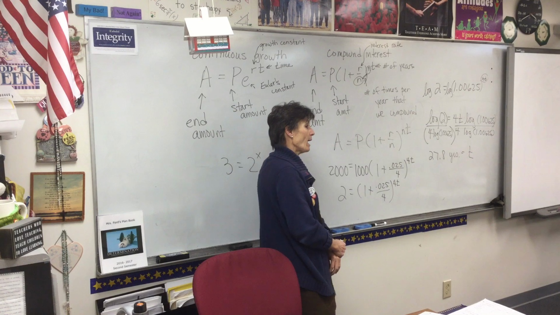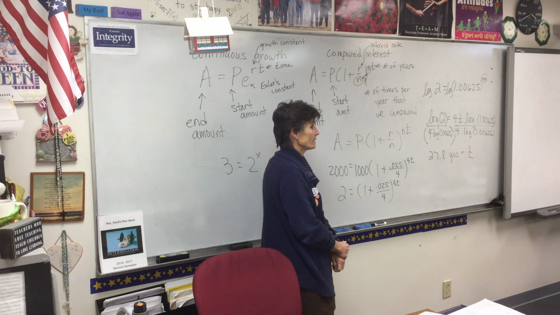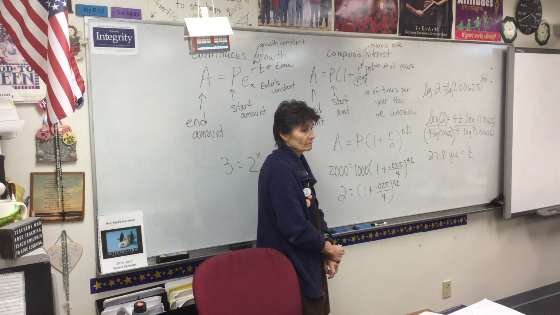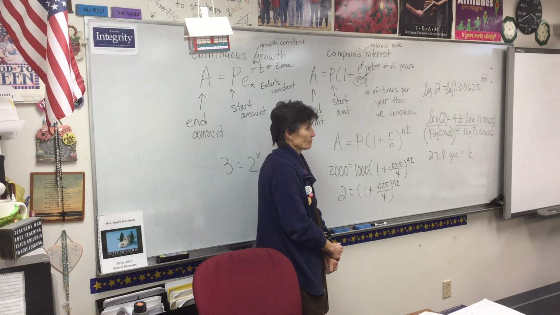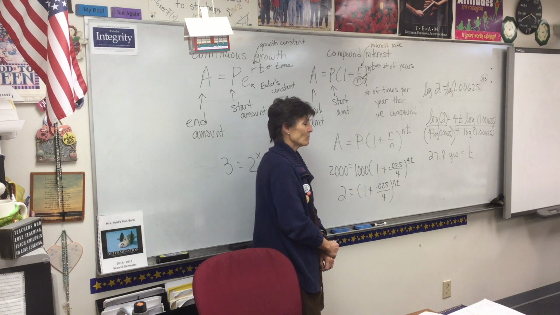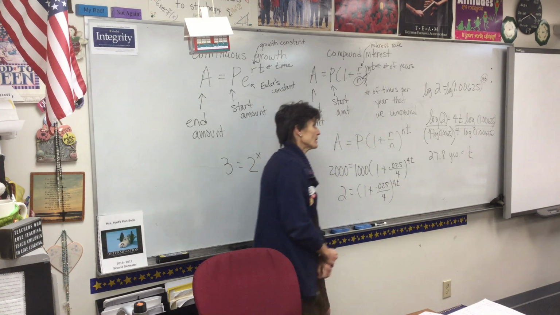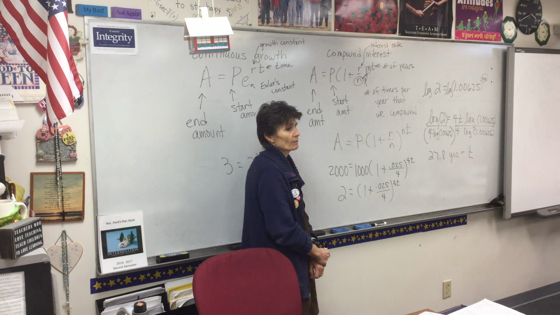Got it? So how long does it take to double your money at 2.5%? 27.8 years. Okay? By the way, would I have gotten a different answer if I would have started with $10?